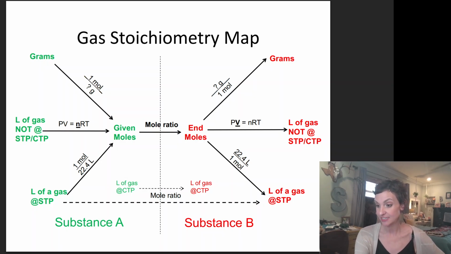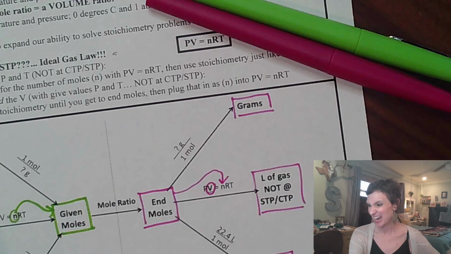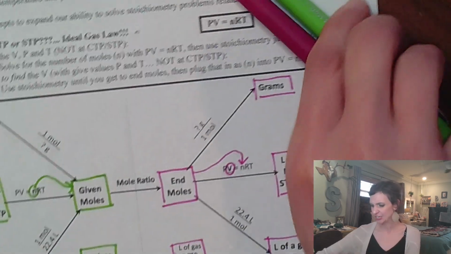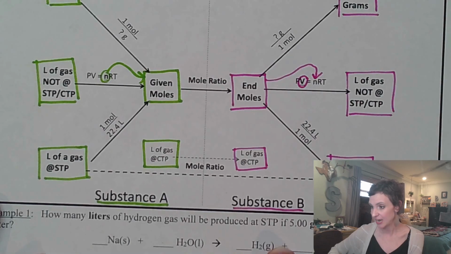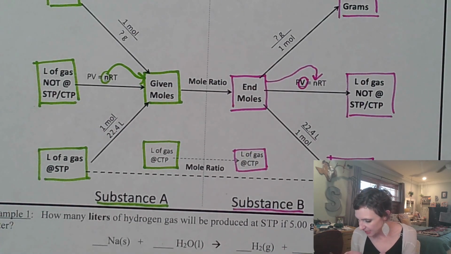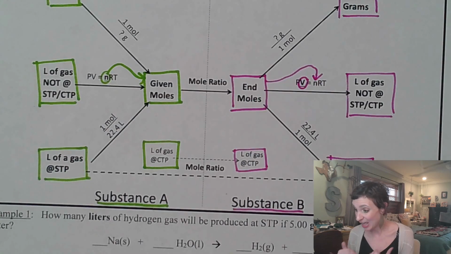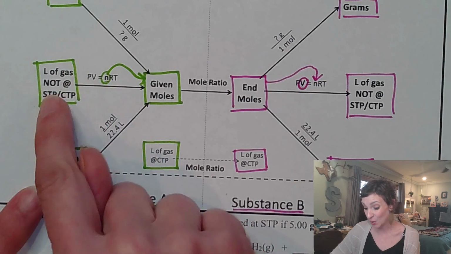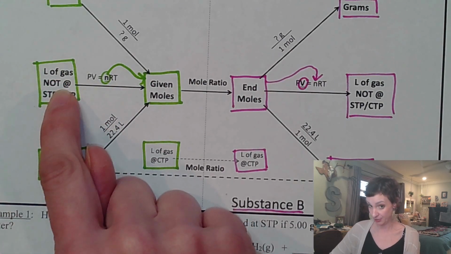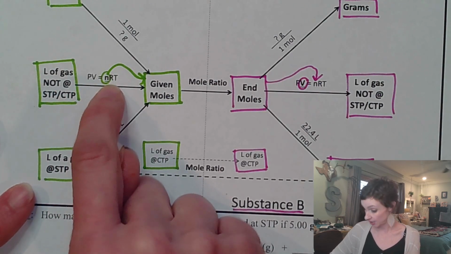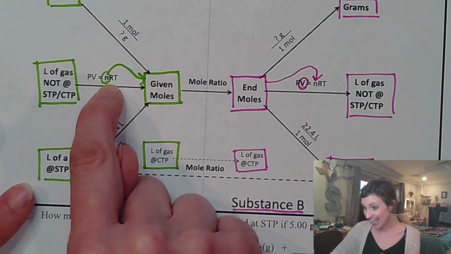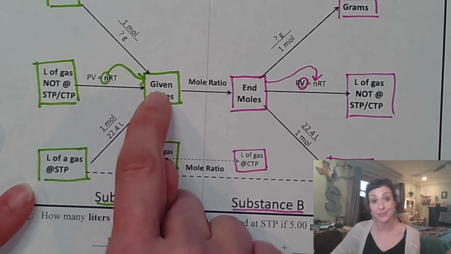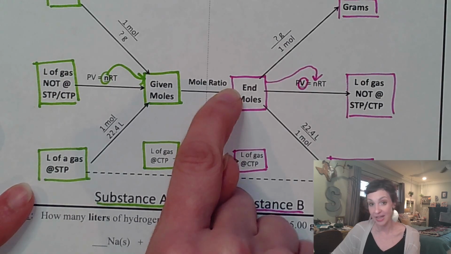So let's bounce down to the document camera. You have this same map on your notes page, but what I think helps me is, yes, we're going to be using the colors. I get to that ideal gas law, and if my given is volume, not under standard or constant temperature and pressure, my goal is to solve for N, solve for N, solve for N. Then I have my given's moles, and I can just mole ratio blast it out.